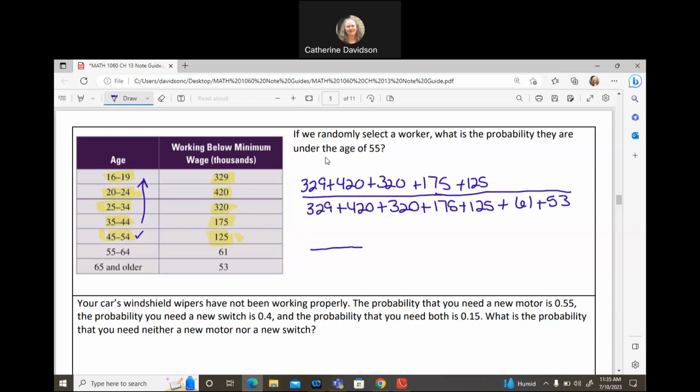All right, I'll get a couple numbers. Take me a second. This is not a special function on the calculator, so I'm just going to do it on my handheld real quick. 1369 over 1483.